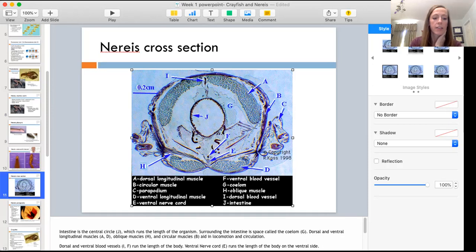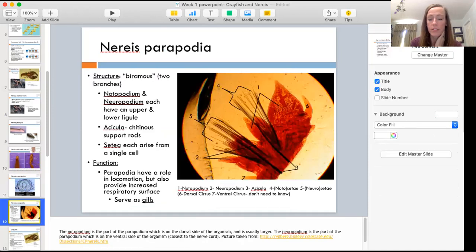And then the second microscope slide that I've recorded for you and posted on Canvas is a slide of the Nereis parapodia. The parapodia, I've mentioned a couple times now, are these appendages which are on each of the metameres, each of the body segments of the Nereis. They have a role in locomotion.